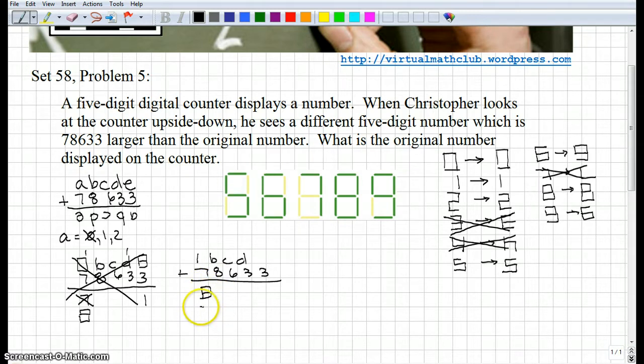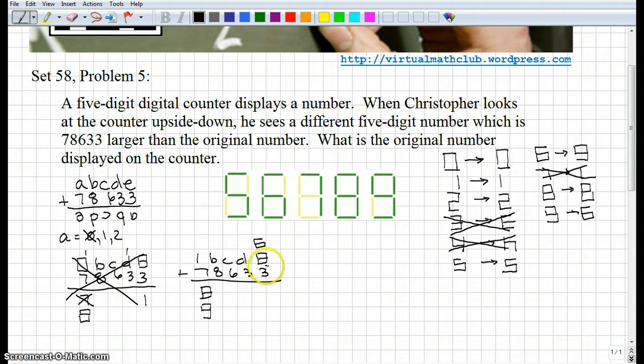And if there is a carry, it would be a 9. Okay? All right, so if there's no carry, then this is an 8. And if there is a carry, then this last digit here would be a 6. Okay?